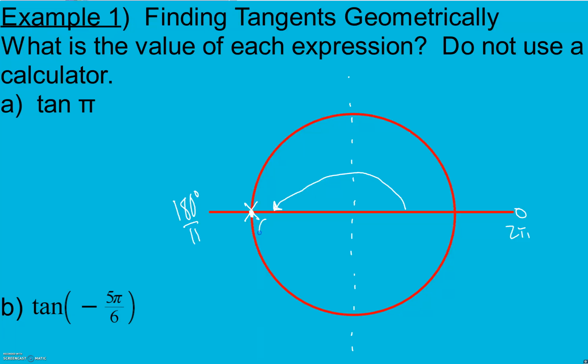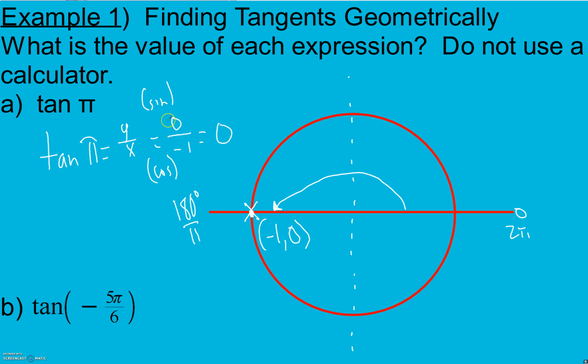So the coordinates at this point, x is -1, y is 0. Tangent of pi is going to be y over x, or sine over cosine. Y is 0 over -1, which means we get 0. So tangent of pi is going to be 0.